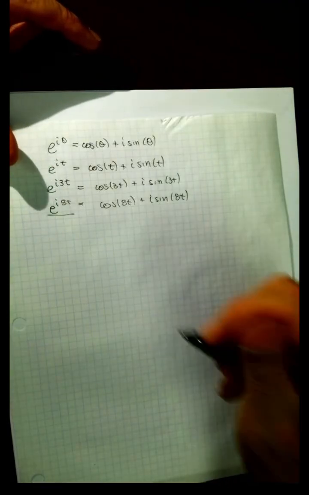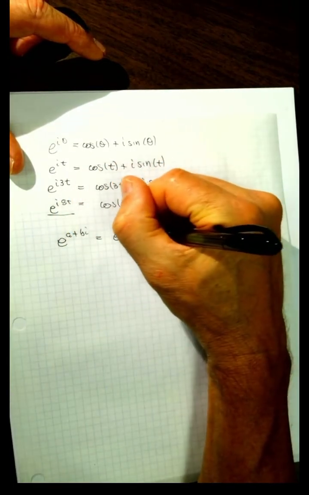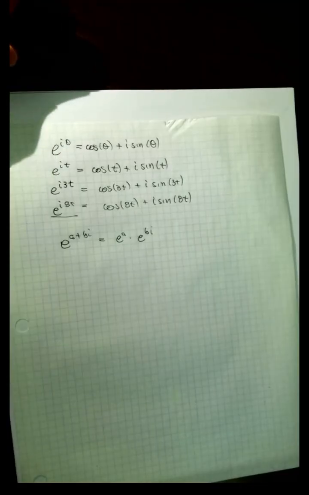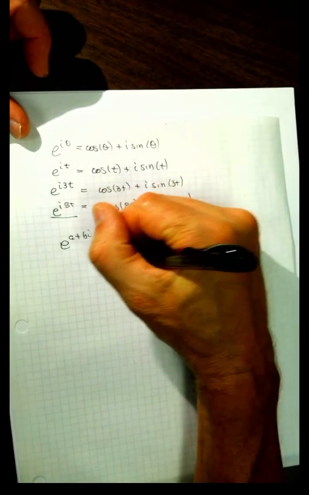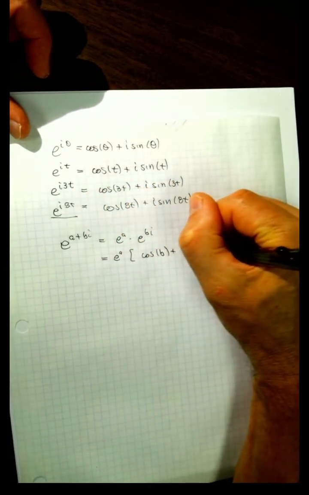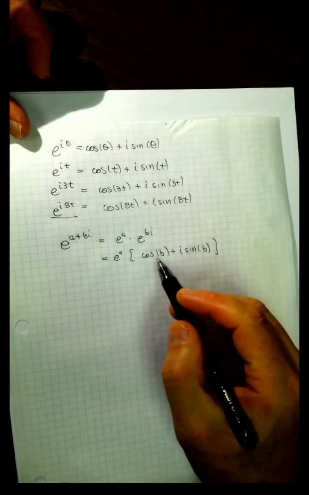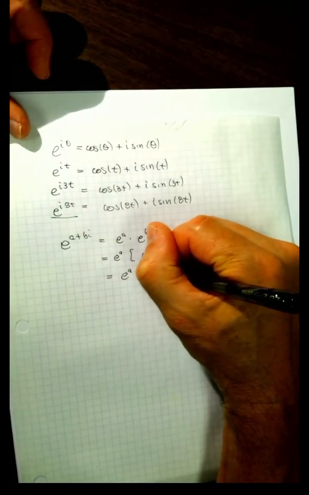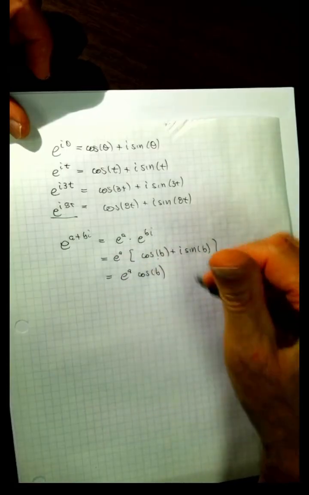Additionally, suppose I have e to the a plus bi. By the properties of exponentials, I can write that as e to the a times e to the bi, because that's just going to add those things. I can now use Euler's formula here. So e to the bi becomes cosine b plus i sine of b. So the real part, when I multiply through, is e to the a times cosine b.